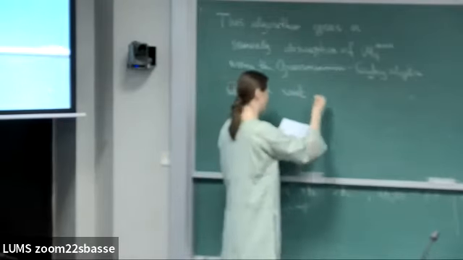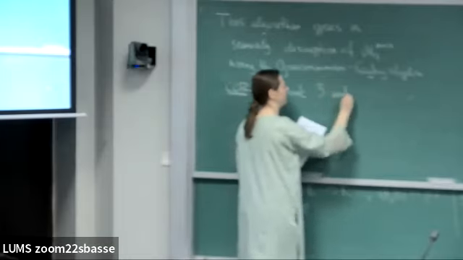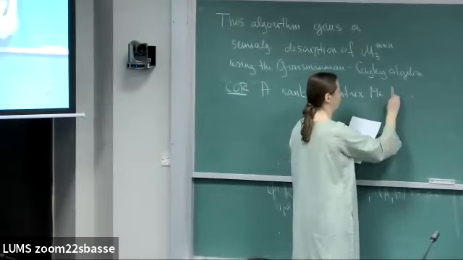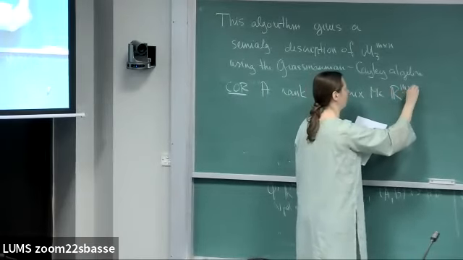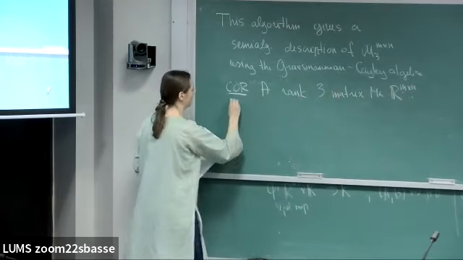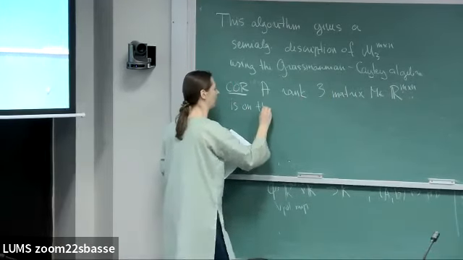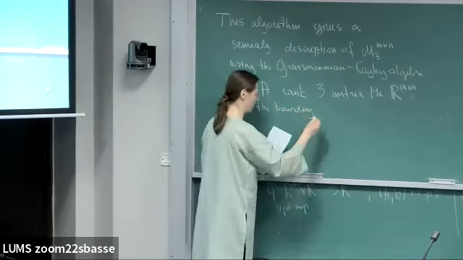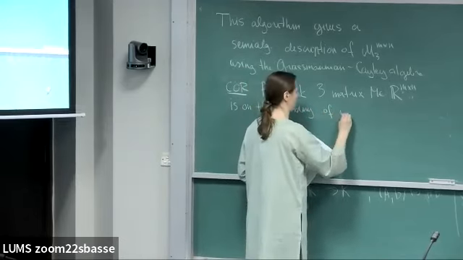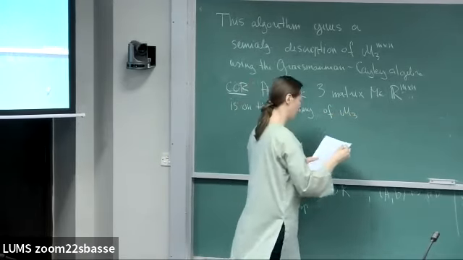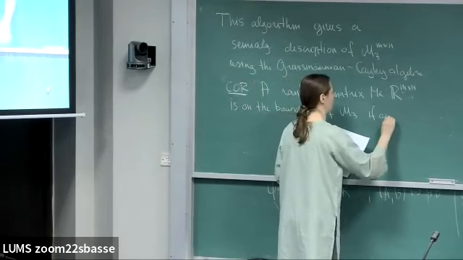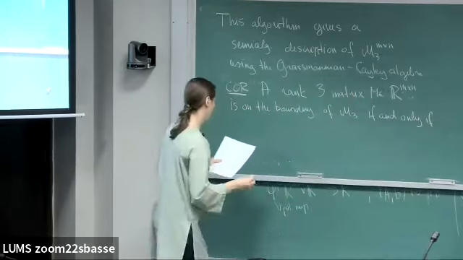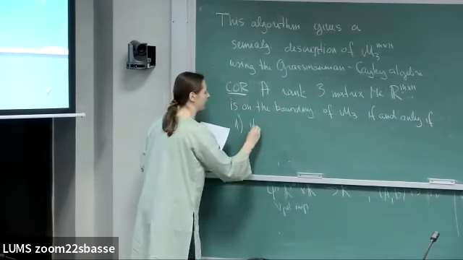A rank 3 matrix M is on the boundary of M3 if and only if it contains a 0.